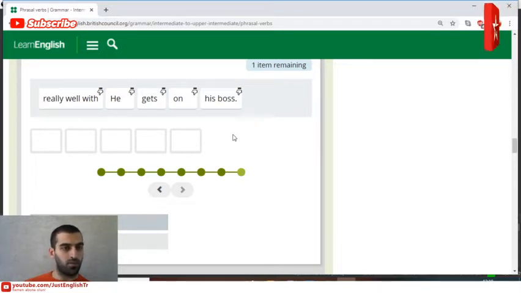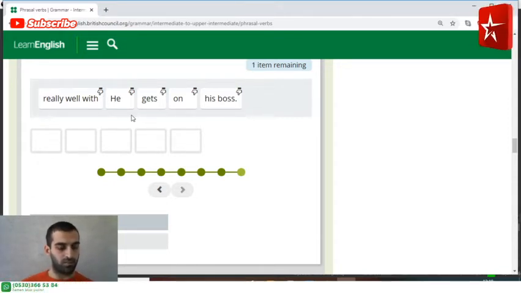Okay, guys, I'm waiting for your answers for the next and the last. Actually, the next is the last sentence. We have to make it in the correct order. So, really well with he gets on his bus. Can you tell me how we can make it correctly? All right, Büşra says you're welcome. Thank you, Büşra.